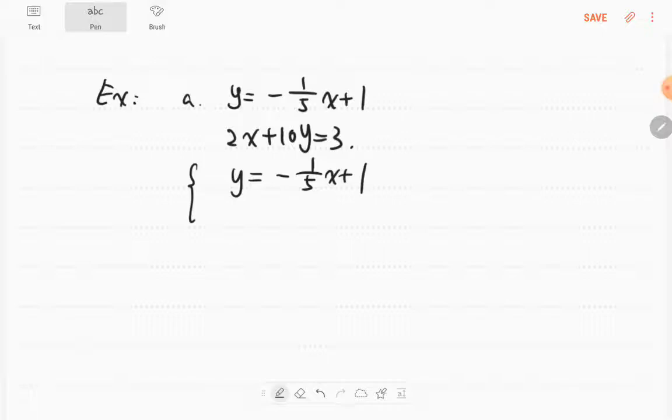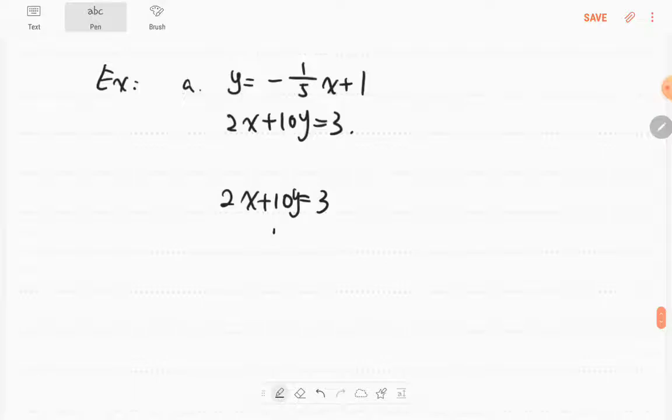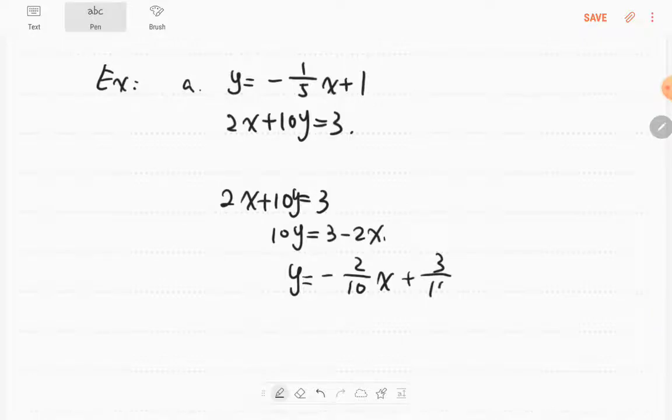So for this one, let's see. We work on the second one first. We solve for y to switch the standard form to the slope-intercept form, so y equal to -2 plus 3 over 10.